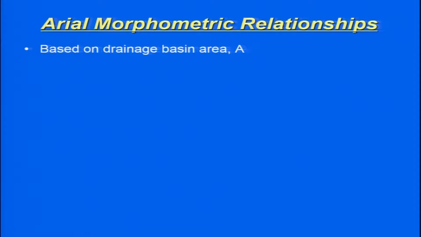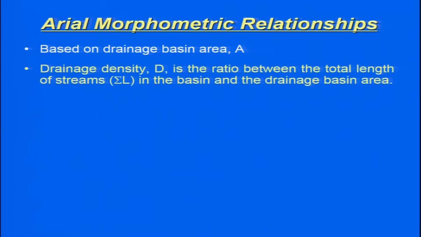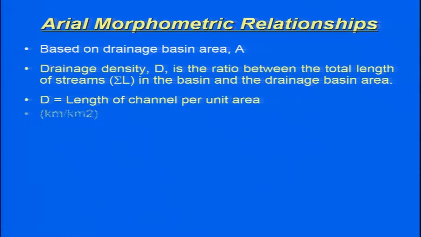Then we have another important parameter, your drainage density, which is basically given as the ratio between the total length of streams in the basin and the drainage basin area. So D is the length of channel per unit area, in kilometer per kilometer squared.